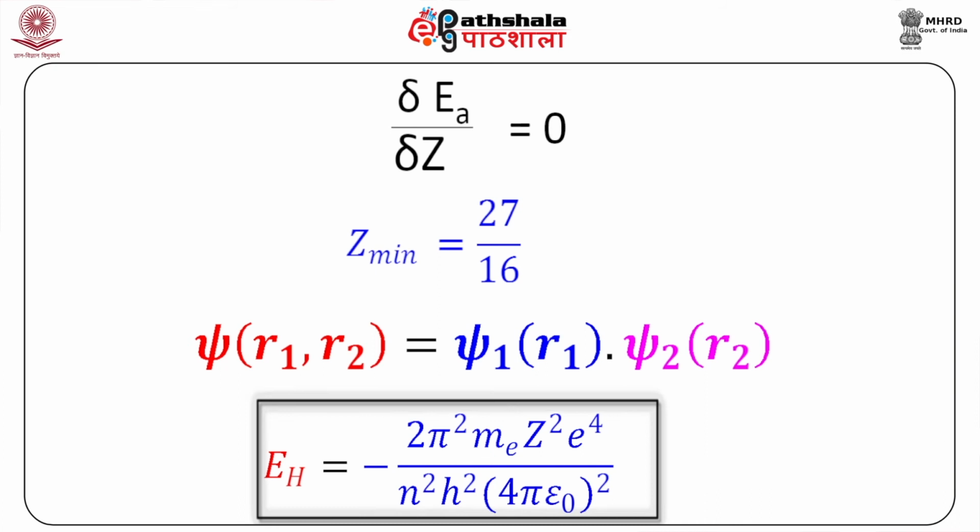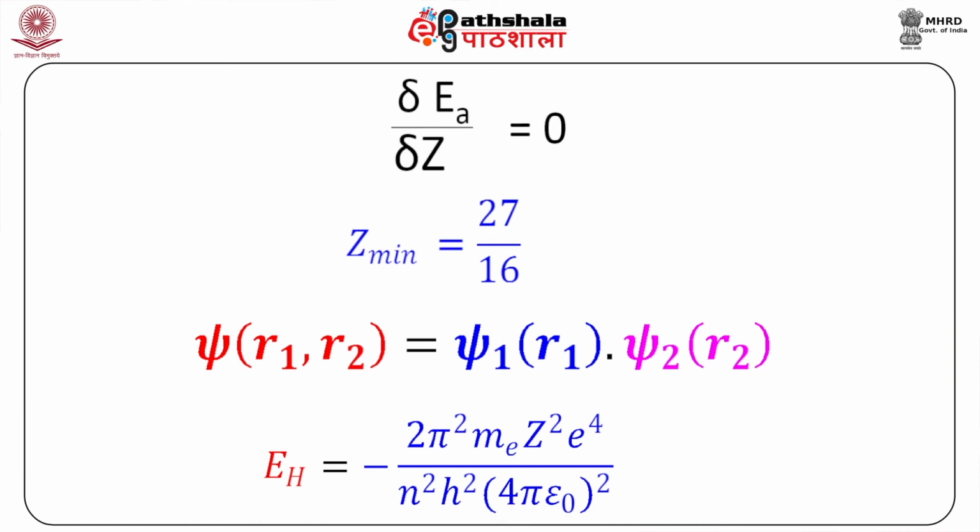EH is equal to, in numerator, minus 2 pi squared m Z squared e to the power 4, where e is the charge, upon, in denominator, n squared h squared into (4 pi epsilon naught) whole squared.